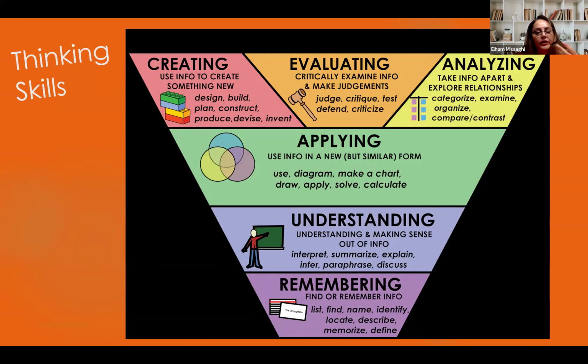So they remember or they memorize a dialogue. They understand where to use it, or they read a text and summarize it and apply it. So use the information in a new form. Okay? Like they read something and make a conversation.